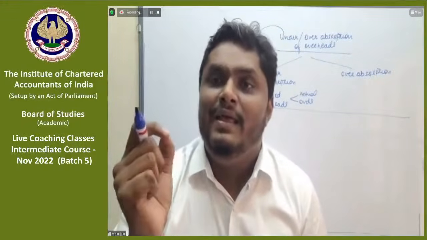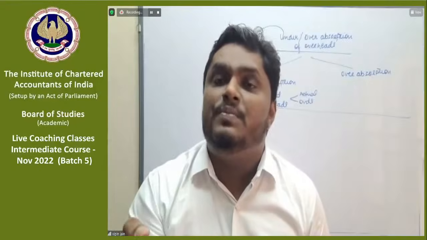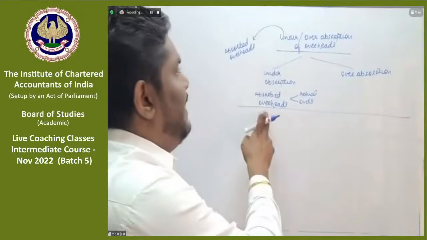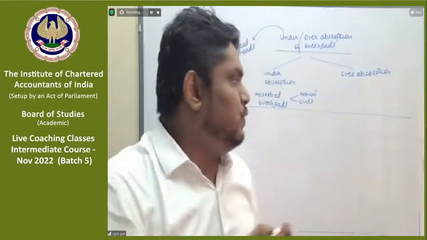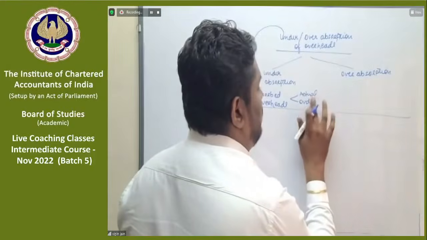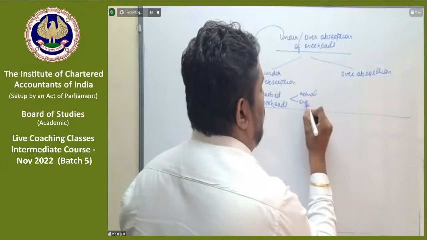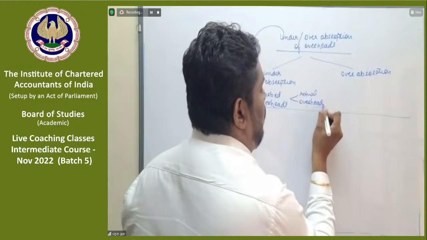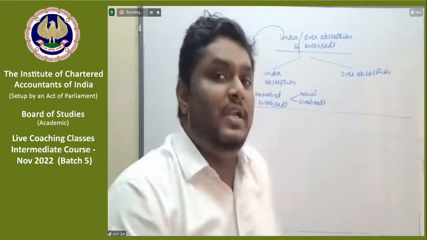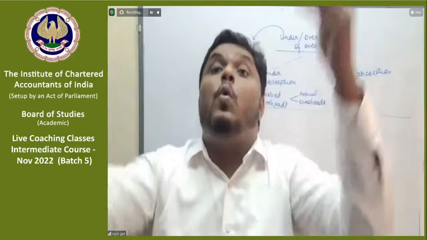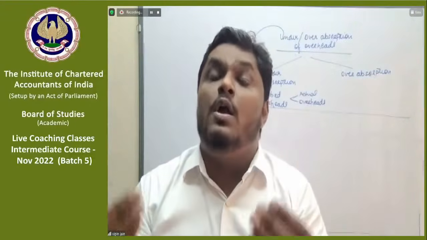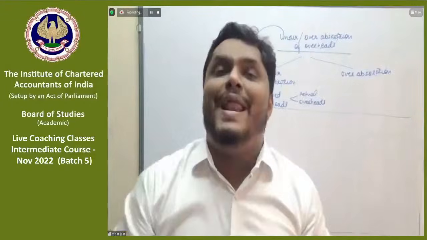I repeat again, the name itself says under absorption. It means absorbed overheads are less than actual overheads. When talking about over absorption, it means we have absorbed more than actual overhead. Absorbed overheads are more than actual overheads.